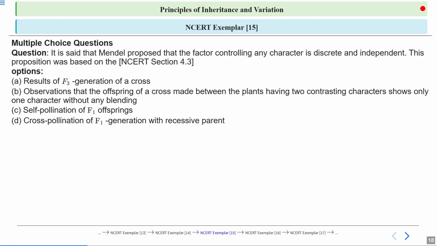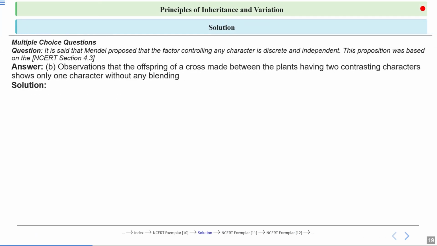So let's have a look at the answer. Here the answer is option B. Observation that the offspring of a cross made between the plants having two contrasting characters. Two contrasting characters means they are talking about a dihybrid cross. The offspring show only one character without any blending.